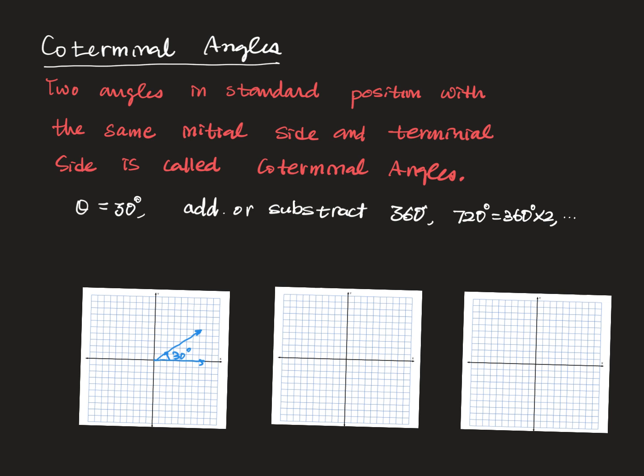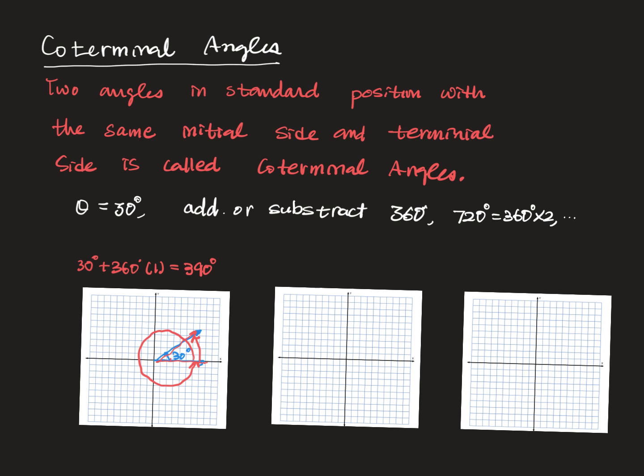That's 360, and then go to the 30 one more time. So 30 plus 360, one revolution, is 390. We call 30 and 390 coterminal because the initial and terminal sides are the same.